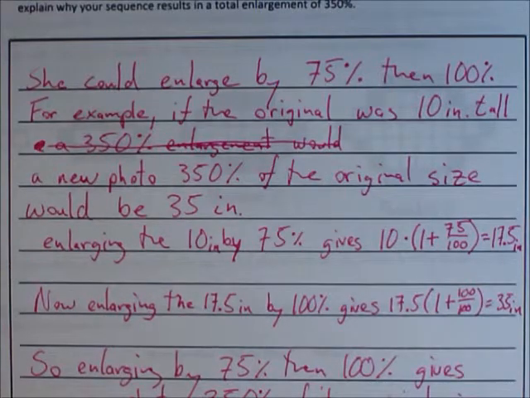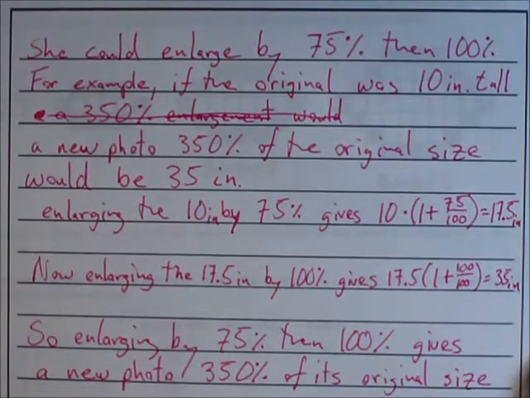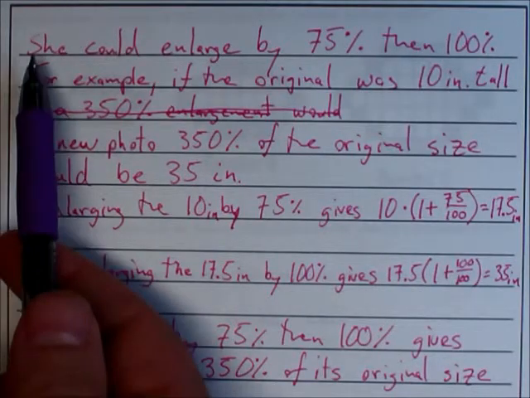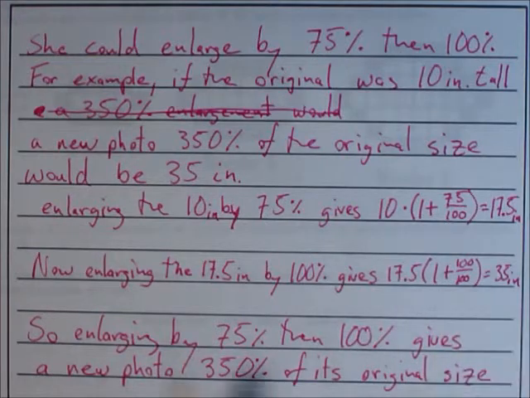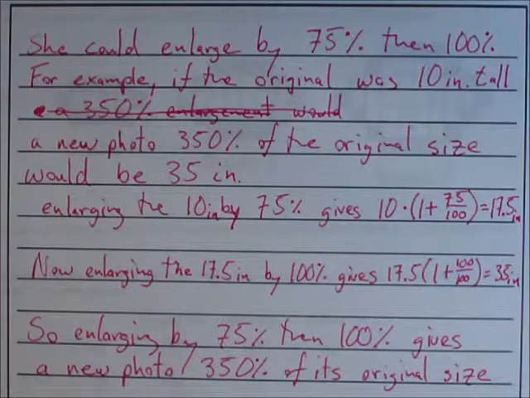And so enlarging by 75% and then 100% gives a new photo 350% of its original size. What I want you to notice in my response is that I gave the answer at the top, I explained how I got it, and then I concluded by restating my answer: that's how I know that 75% and 100% enlargements result in a new photo that's the size we want.